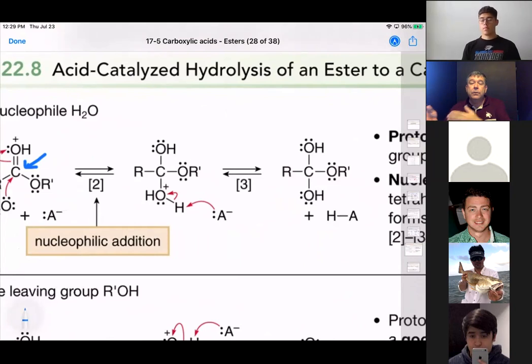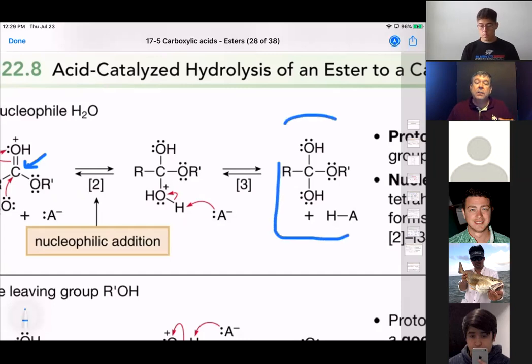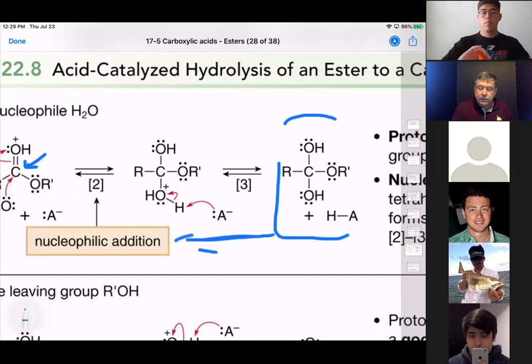But as you add more and more water, it's going to displace more and more of the alcohol and give you more and more of the free carboxylic acid. So once you get to this step right here, all three of those oxygens are approximately equal in basicity, so any one of them can be protonated. If one of the oxygens protonates, it goes back in this direction.